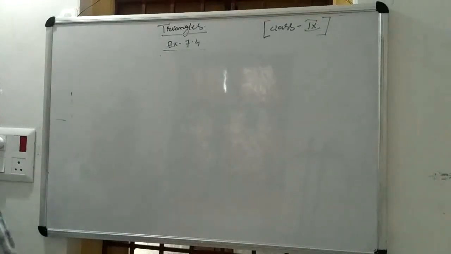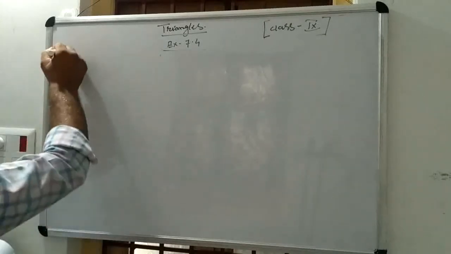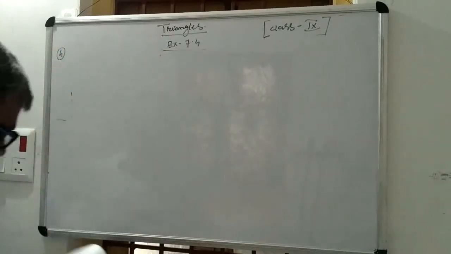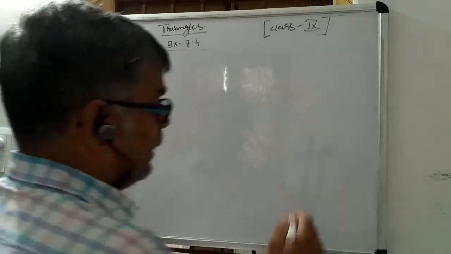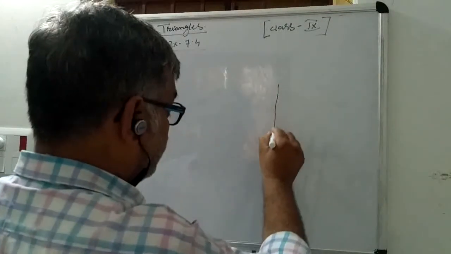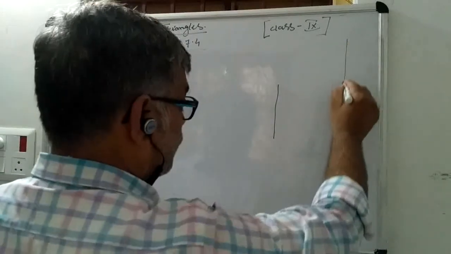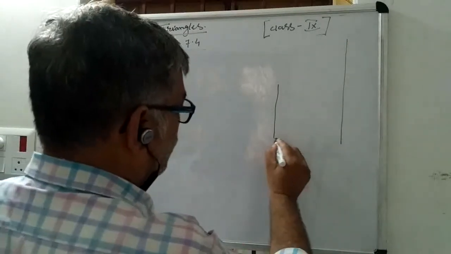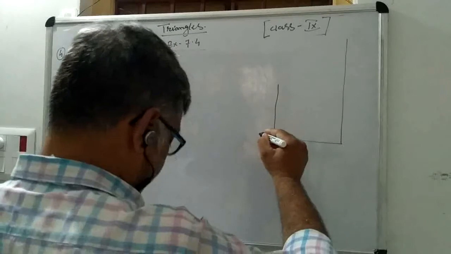Question number 4 is saying that here are also two sides, this and this. Join them together.